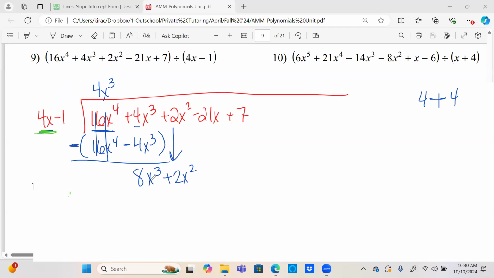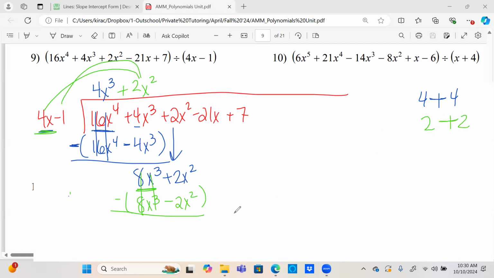Now we need 4x to look like 8x cubed. 4 times 2 is 8, and he needs 2 more x's so he can match. That would be 8x cubed minus 2x squared. Subtract. This guy's gone. That's 2 minus negative 2 turns to plus, and we get 4x squared, and we drop down.